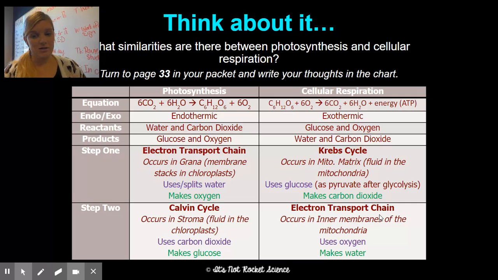That happens in the matrix of our mitochondria, which is our fluid. So we go from the pancake to the syrup in a human cell, and then back to the inner membrane. And we are turning glucose, which we have created, into pyruvate, and we're making carbon dioxide. And then our electron transport chain for part 2 of cellular respiration happens in the inner membrane of the mitochondria, and we're using up oxygen and creating water.